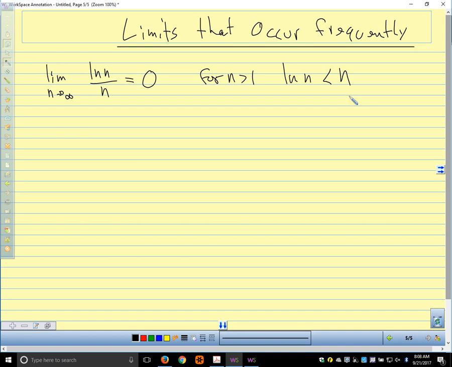That's the same as the top goes faster than the bottom, but it's expressed as an inequality. So we'd say ln n over n is less than n over n, less than 1. So we know the limit's less than 1.